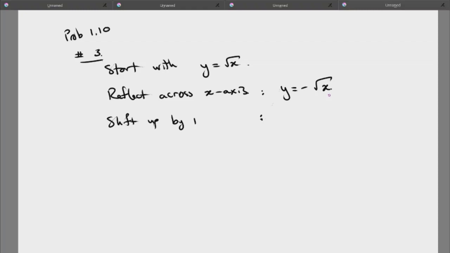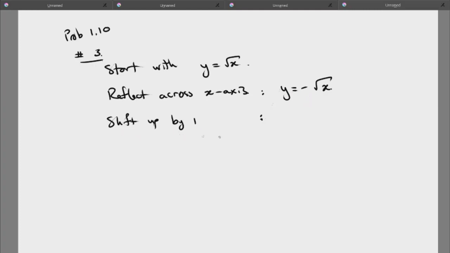I have to do something to the whole right-hand side. So I know a reflection has some sort of negative in it, but the vertical and the horizontal corresponding change in the function isn't the same at all. Horizontal is a replacement, vertical is doing something to the whole right-hand side.